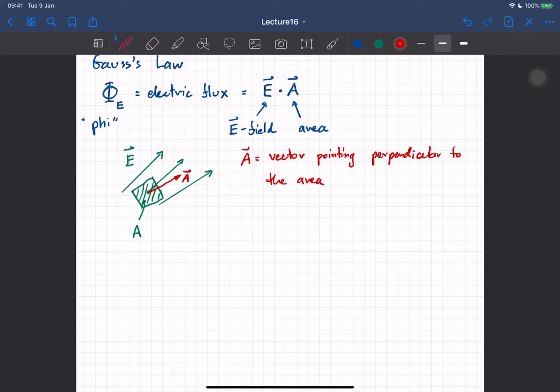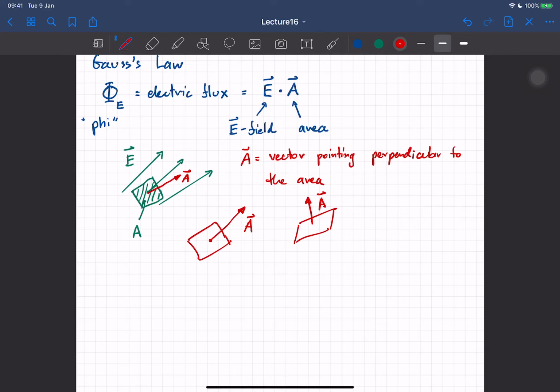Okay, and this is why I don't like online lecturing, because I have something that I want ready to show you in person, but I cannot do that. But anyway, just imagine that you have a piece of paper, and the area vector is the one pointing perpendicular to that paper. So if you rotate the paper to point in a different way, then the area vector will also point in a different way.